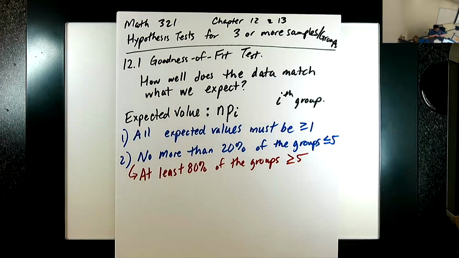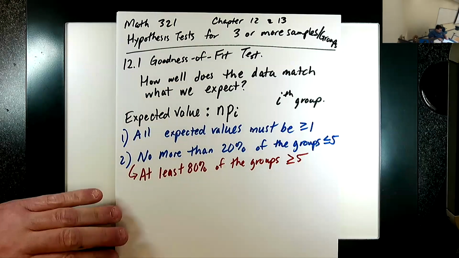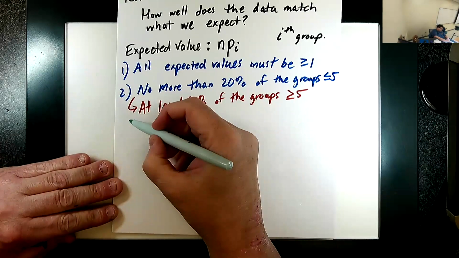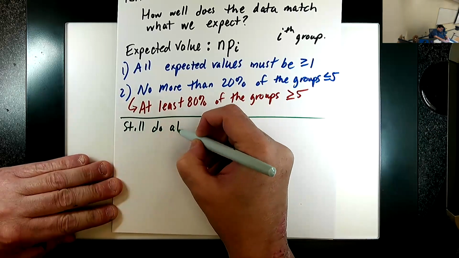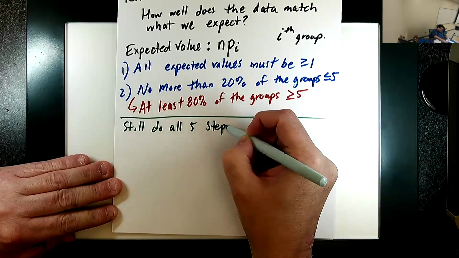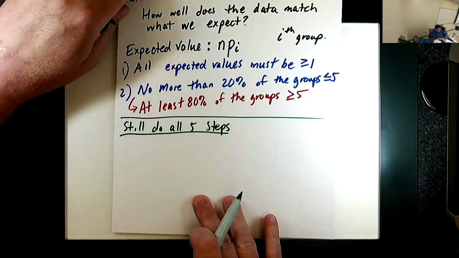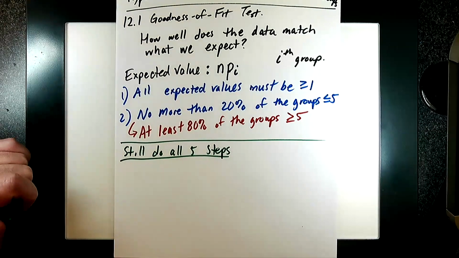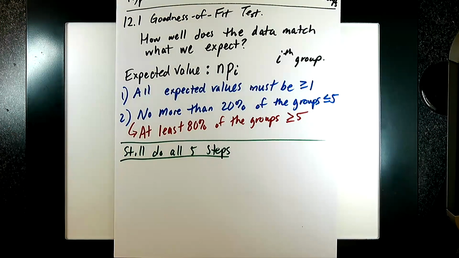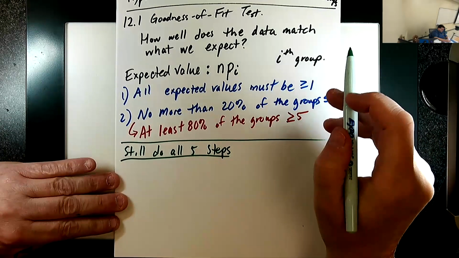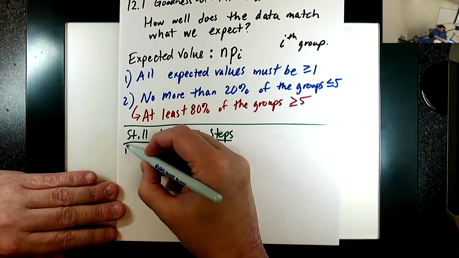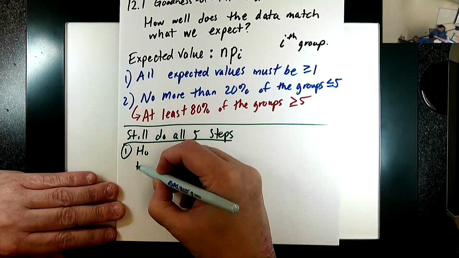So in this section, we're still doing our 5 steps for the hypothesis test. You still got to do all 5 steps. We've been talking about the last 2 days, or at least yesterday, the 5 steps. The first step is the only step that changes. The first step has H naught and HA.